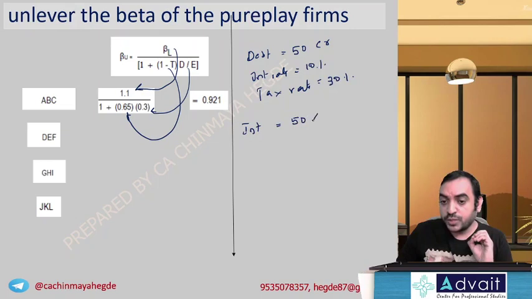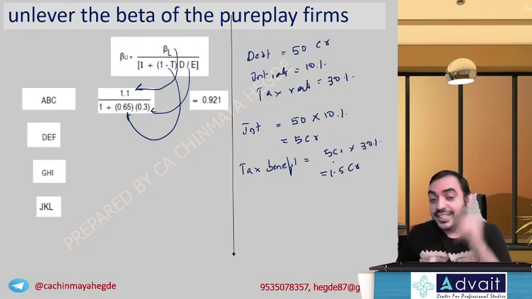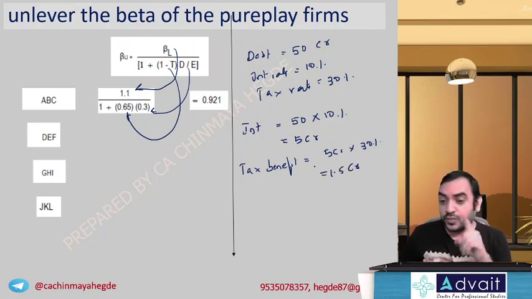Interest expense is going to be 50 into 10%, 5 crores. Now every year, what is going to be the tax benefit? 5 crores into 30%, which is 1.5 crores. This is the tax benefit for 1 year.